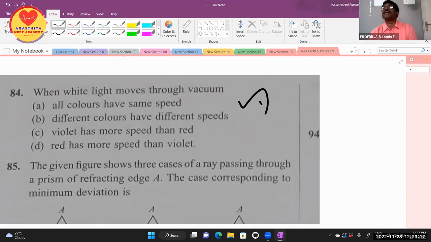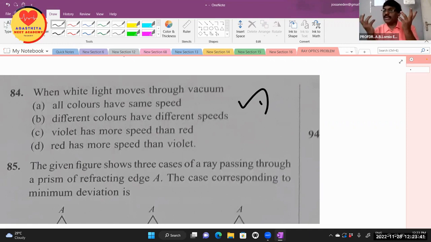When the light is passing through the prism, dispersion takes place. That means when the light passes through the glass, glass is a refracting medium. But when the light passes through the vacuum, there will not be any medium.